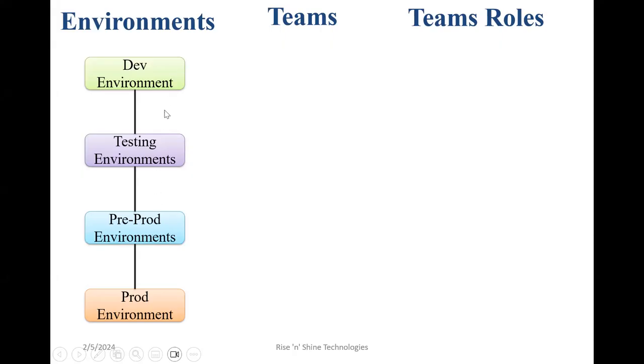But at the basic level, you will have at least 3 environments. One is development, then evaluation and acceptance, then production. But it depends on the client. Functionality testing, separate environment, system testing, separate environment, pre-prod, separate environment, production, separate environment, post-production, separate environment.